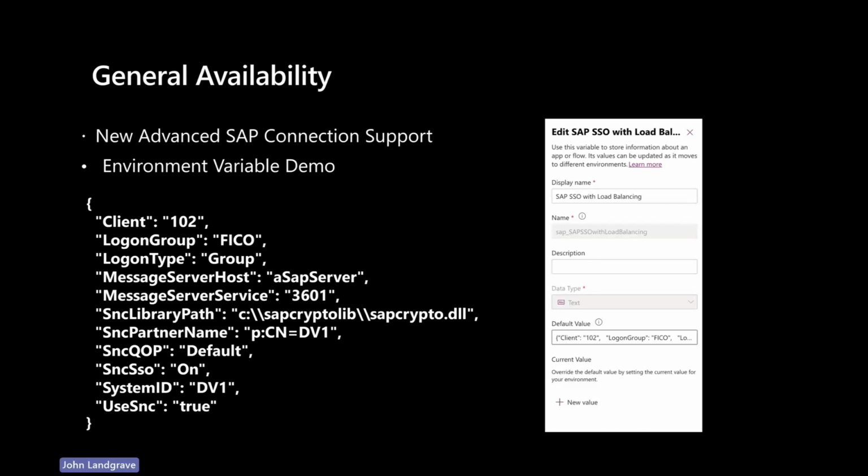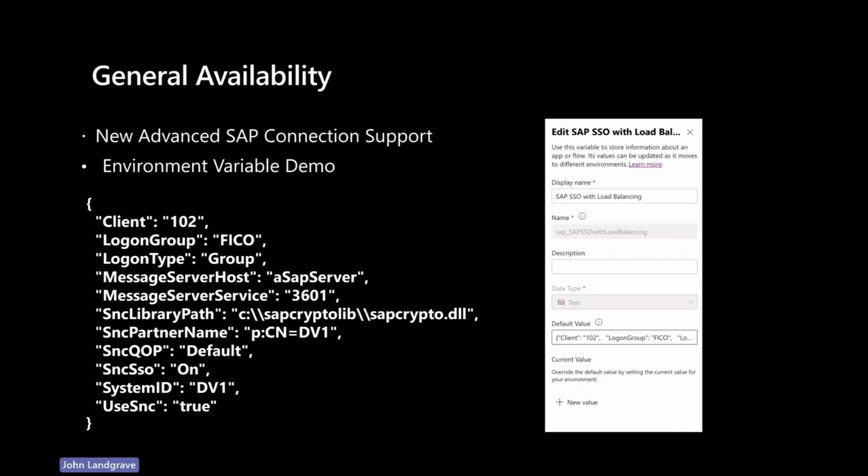So I can specify the logon group and type. I can specify the message server host and port. And the message server is what's going to allow me to support connection pooling and session management on the SAP side. So instead of that being done by us, that session management is done by SAP.